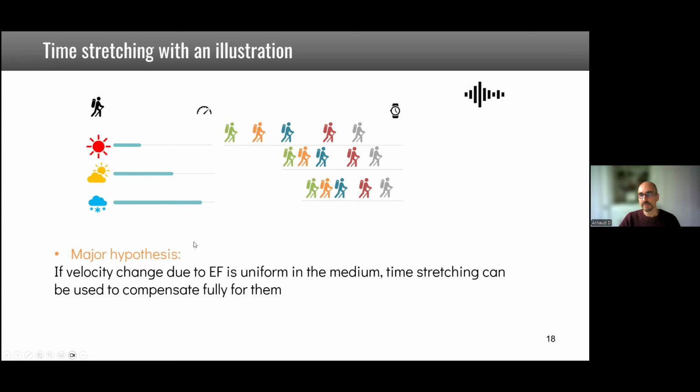So the main hypothesis that we make when we use time stretching is that if the velocity change due to environmental factors is uniform in the medium, then time stretching can be used to compensate fully for them. Okay, but for that, you really have to have the velocity change be the same everywhere, so that in all the path traveled, the change of time is also always proportional to the total time. And then you can use time stretching to compensate.